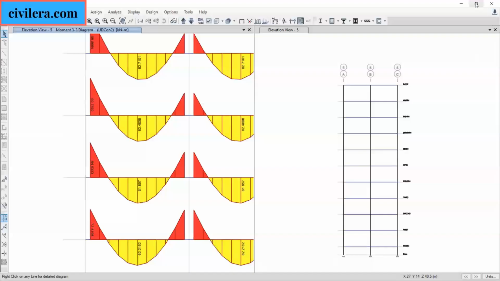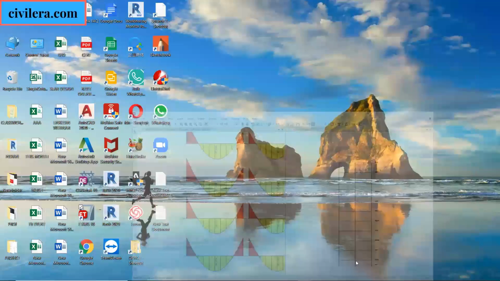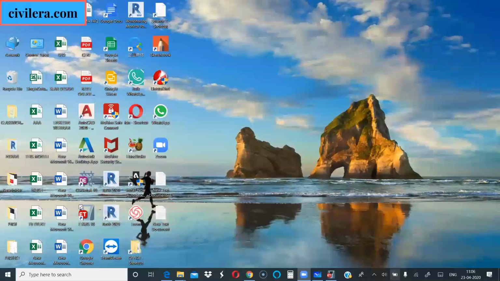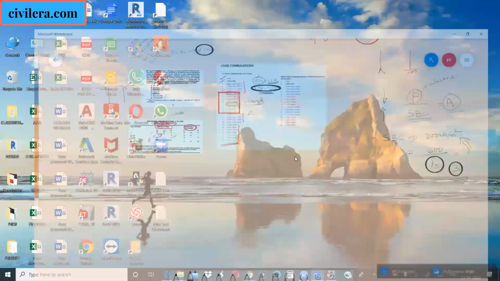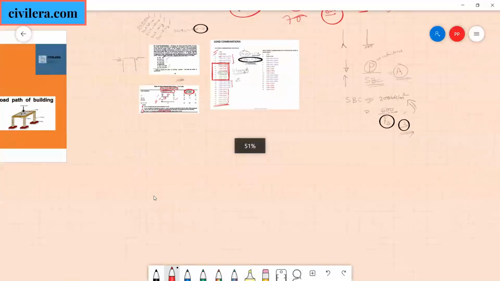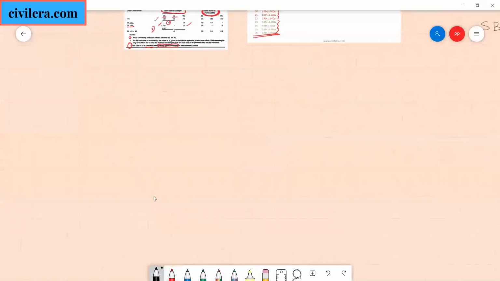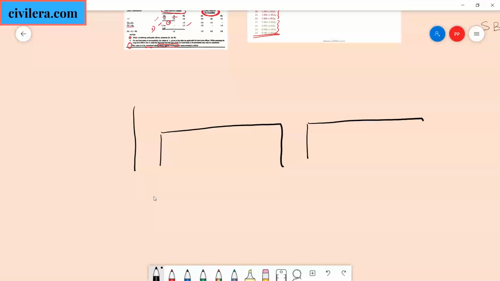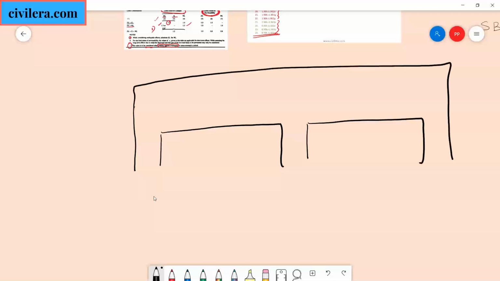So to make it really clear, let me just sketch the pattern of the steel that might come. For that particular beam, in case I detail that beam, it would be something like this. You have a through reinforcement, you might have a second layer.